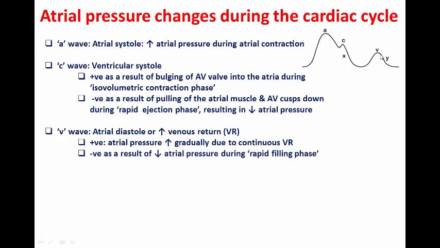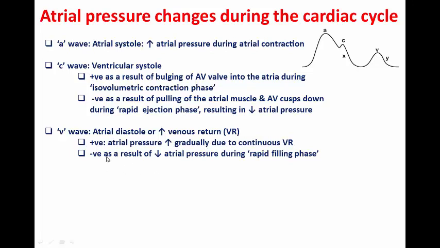Then the V wave, this happens during atrial diastole as a result of the continuous flow of blood into the atria, and it also has a positive component, so the atrial pressure increases gradually due to the continuous venous return from the pulmonary circulation into the left atrium and from the systemic circulation into the right atrium.